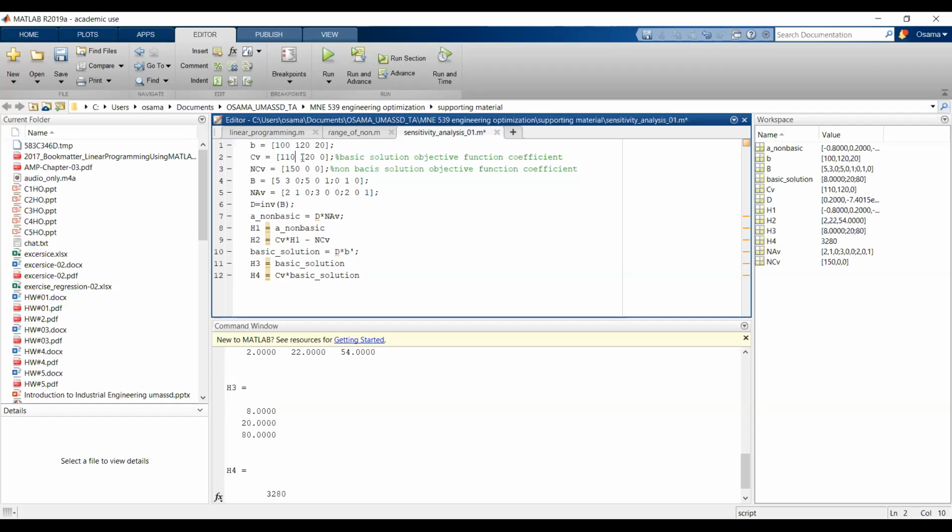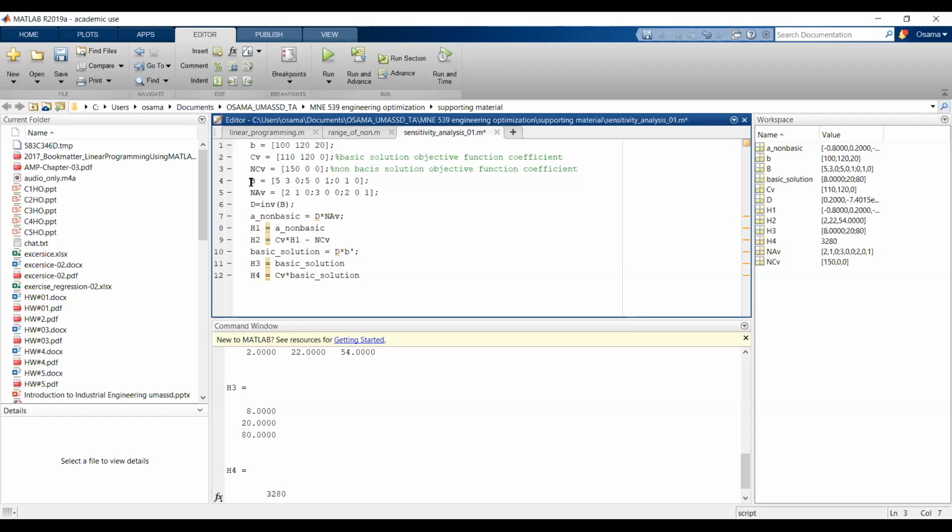The cost for the second one was 120. And S2 is still non-basic, or it doesn't have any contribution to my objective function, so 0. I know x3 has been leaving. So 150 is the profit for my third decision variable. Then S1 and S3 do not contribute.